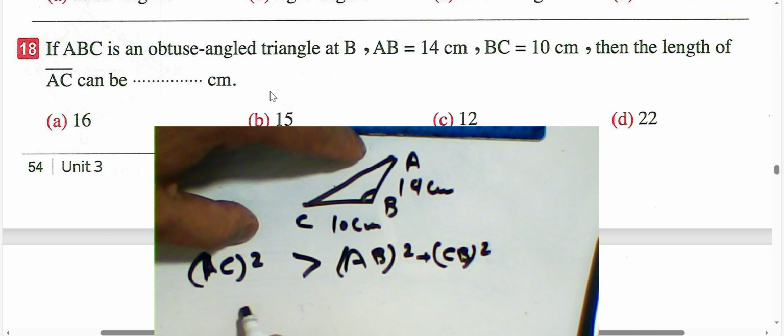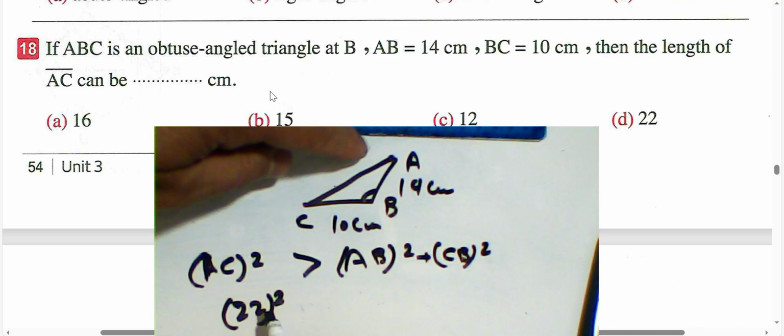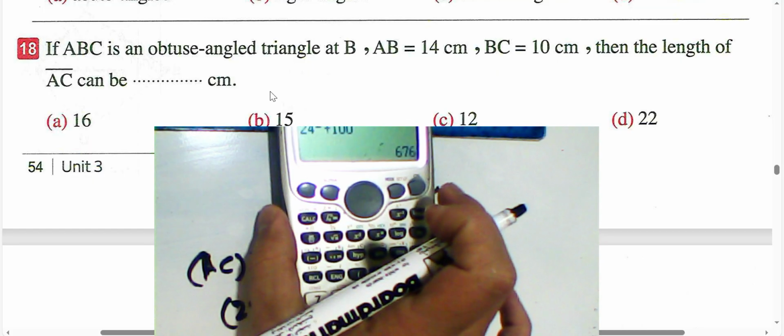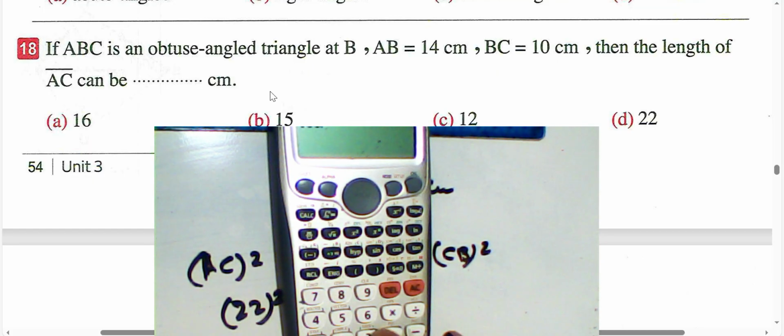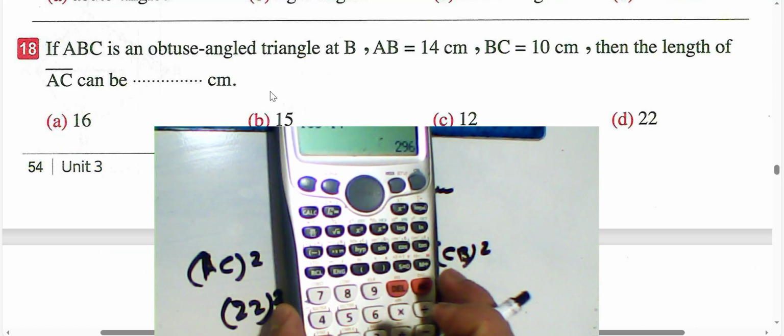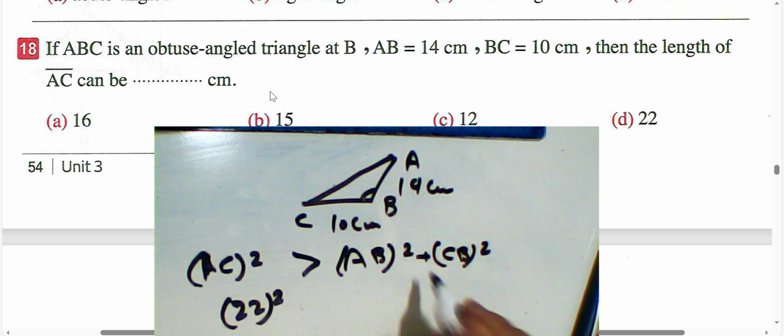Then EC must be 22. 22 power 2 greater than AB power 2, 100 plus 14 power 2 equals 296.